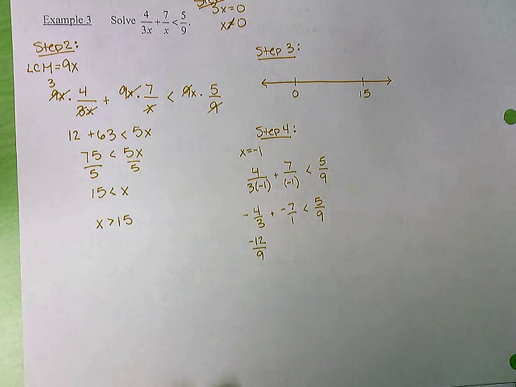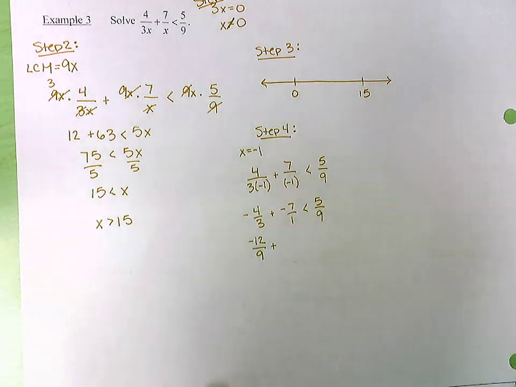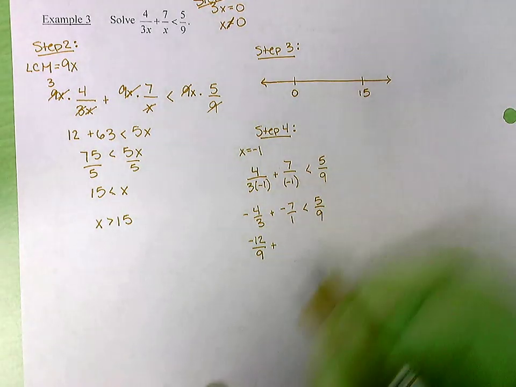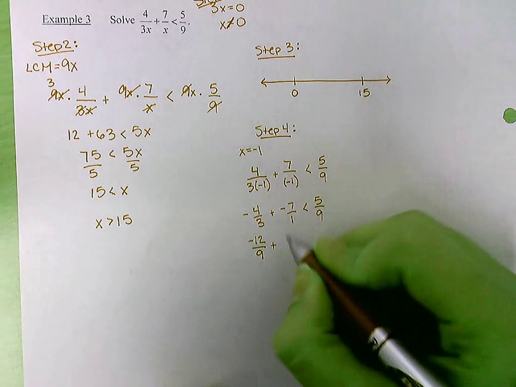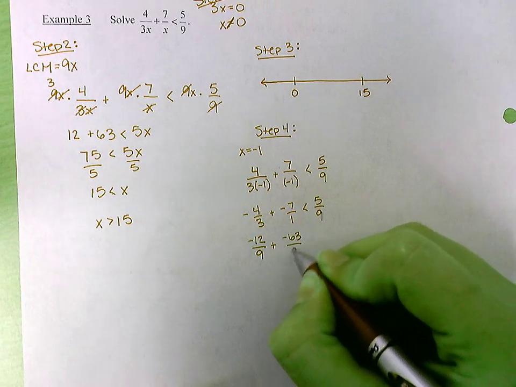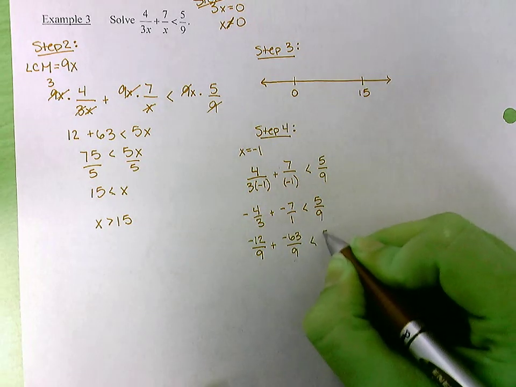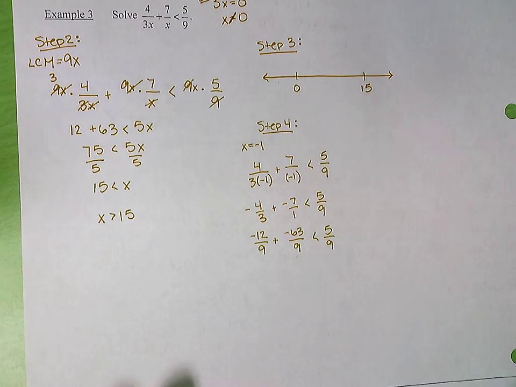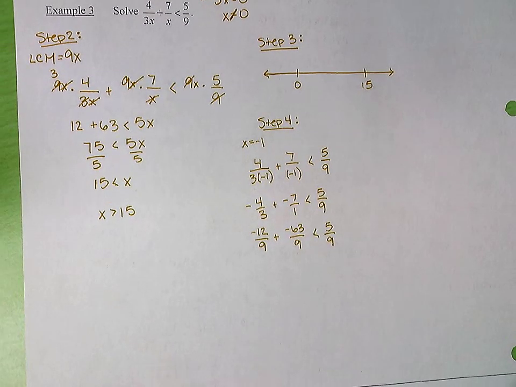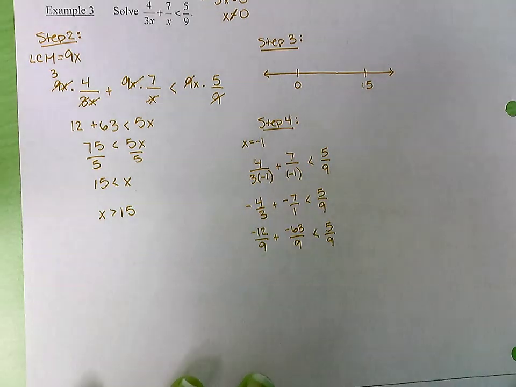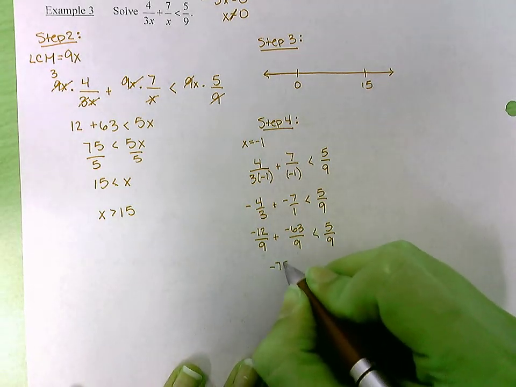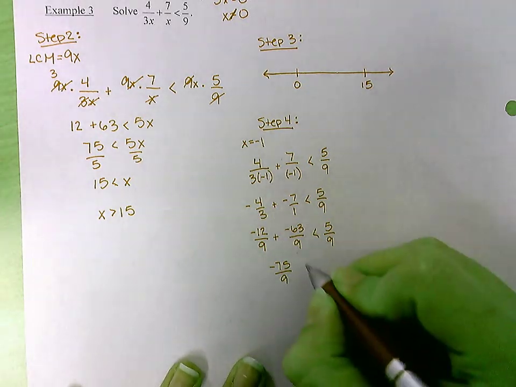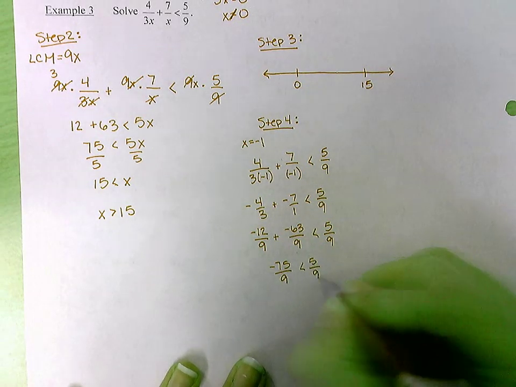So I have -12 over 9, plus I need to multiply top and bottom by 9 this time, so -63 over 9. Then I have 63 and 12. That's -75 over 9, less than 5/9.